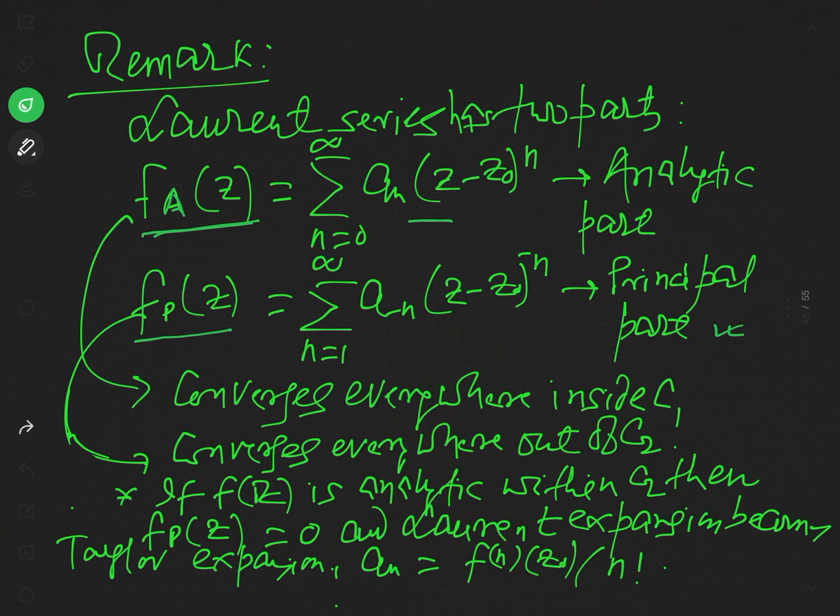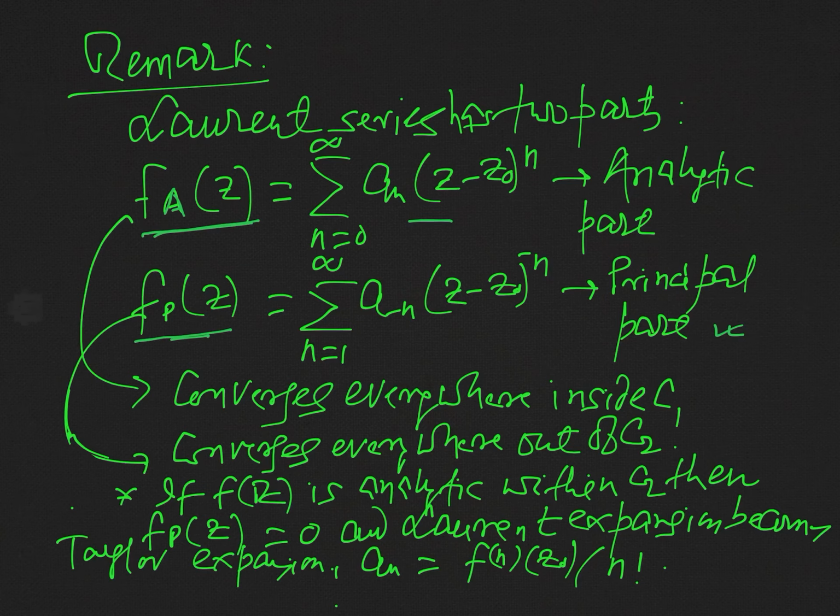The analytic part converges everywhere inside the circle C1, and on the other hand, the principal part converges everywhere outside C2.